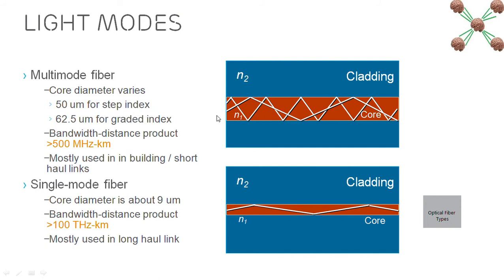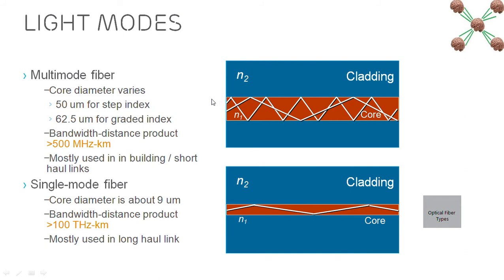But in case of graded index, the core also doesn't have a single index. The index of the core is reducing from the center towards the cladding. So the center has some different index and this part has a different index, and as you go towards the cladding, the index is gradually decreasing. That's why it's called graded index. And because it's gradually decreasing, light turns inside in a gradual way, not in a very sharp way.